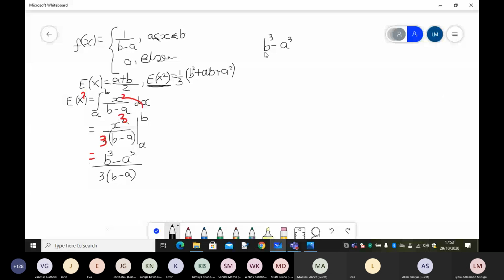We are dividing B cubed minus A cubed by B minus A.